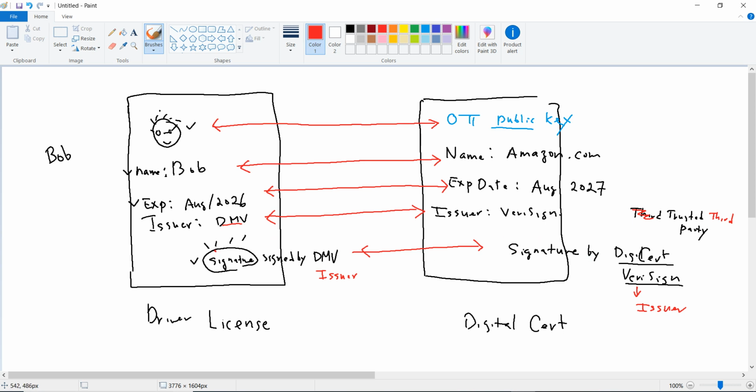The signature is signed by the issuer: this is DMV's signature, and this is VeriSign's signature. So as you can see, there's a lot of similarity between a driver license and a digital certificate.